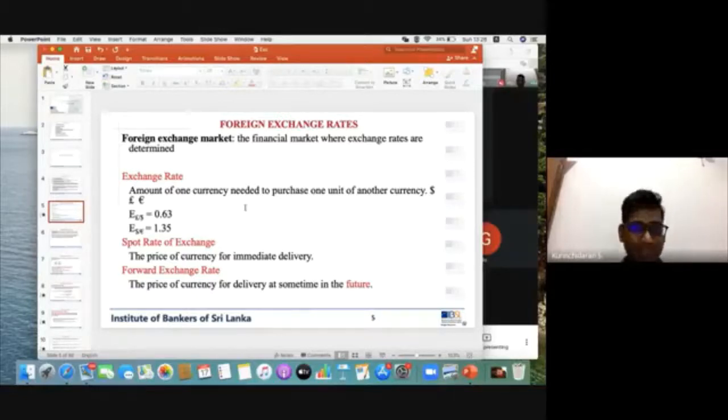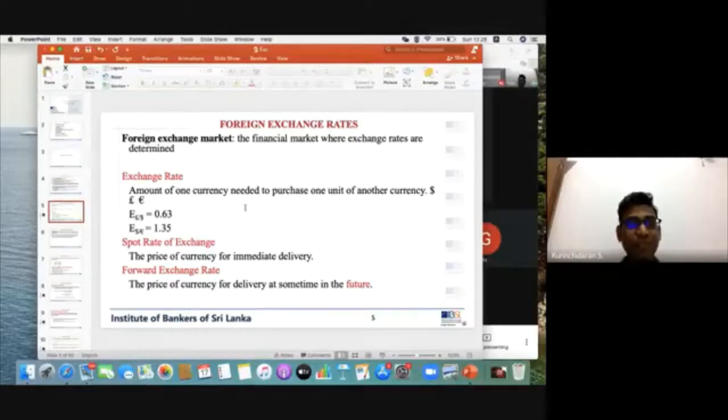Right? Now you can see the numerator is sterling pound and the denominator is dollar. First one, numerator is sterling pound and denominator is dollar, right? So it says what is the price of a dollar.